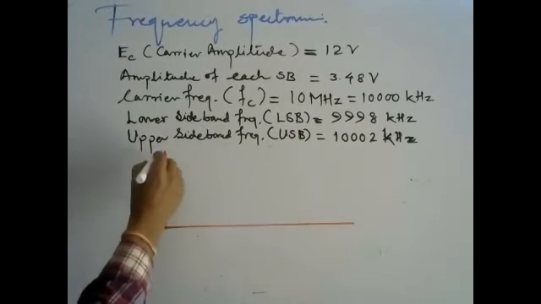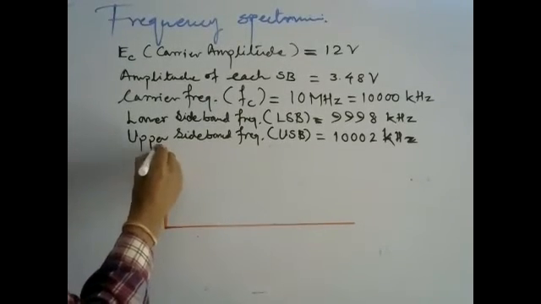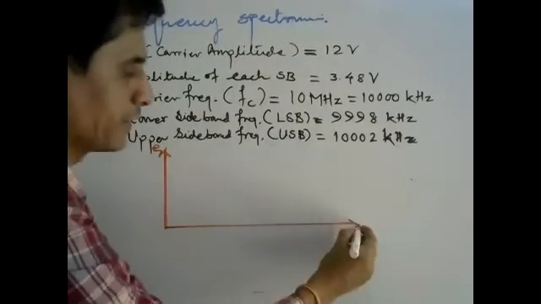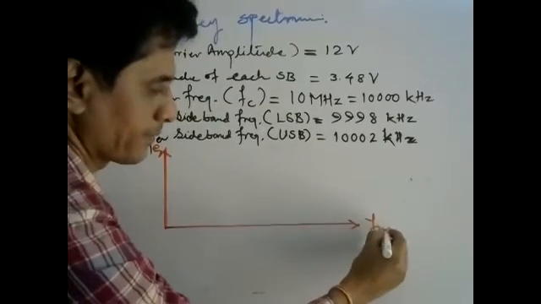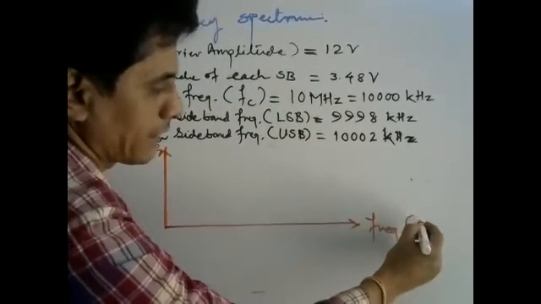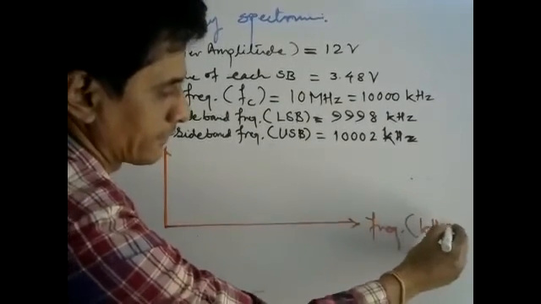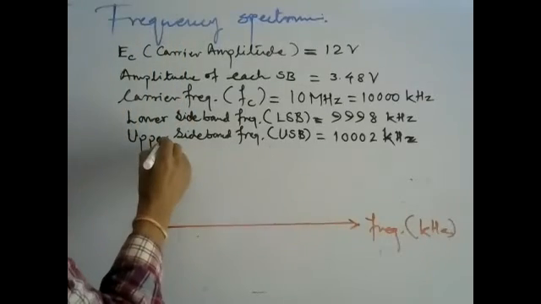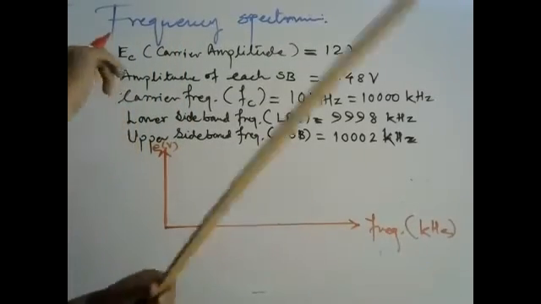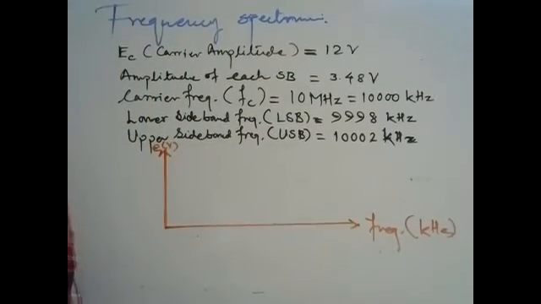In the frequency spectra, the amplitude is denoted by E, and here is frequency. I am taking frequency in kilohertz, and here amplitude. First, I will draw the basic skeleton.